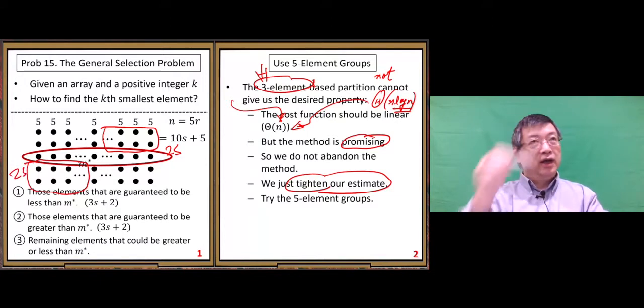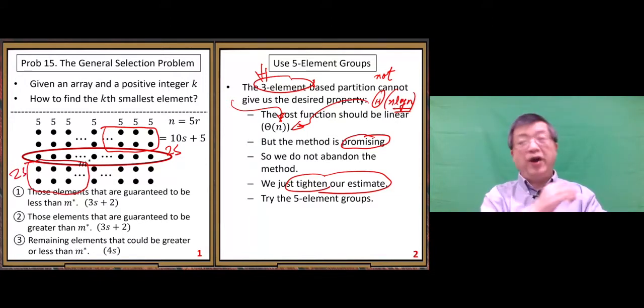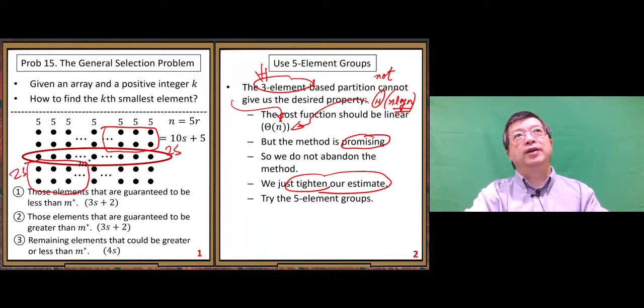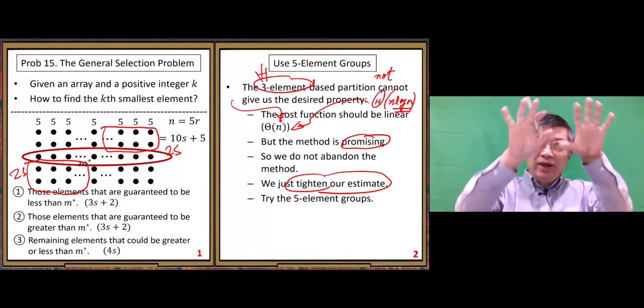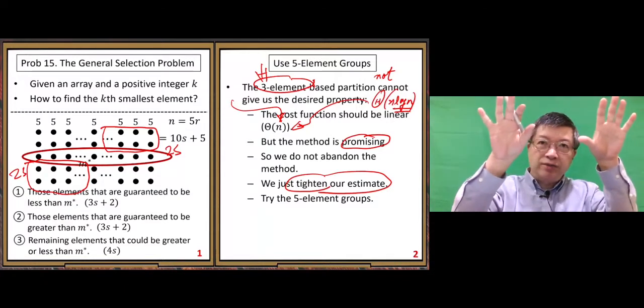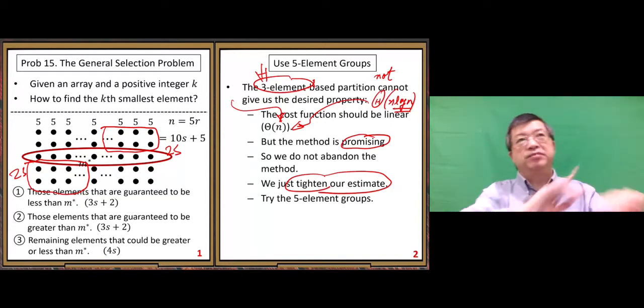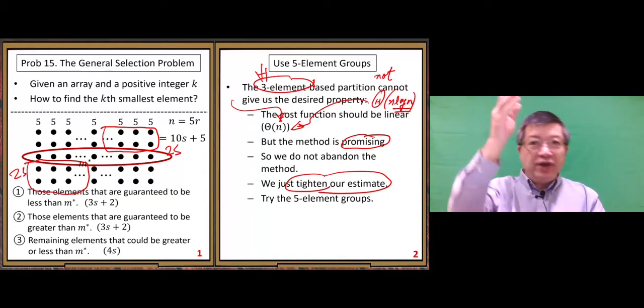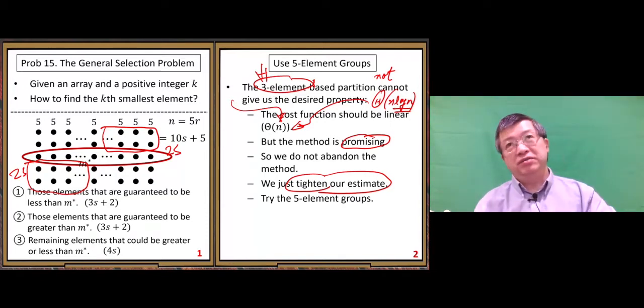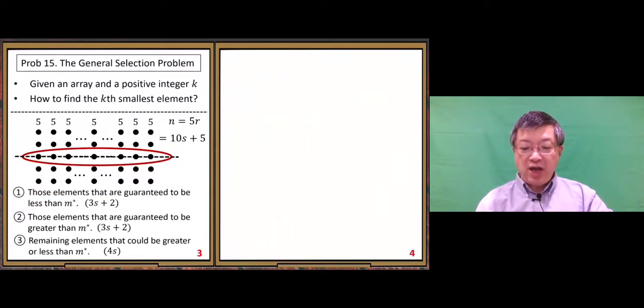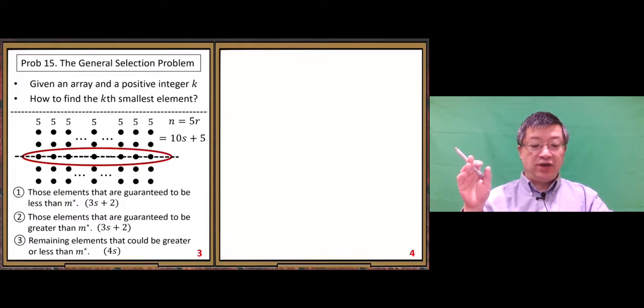Adding together, 4S. So we have the three parts of the elements. With this information, we can do the partitioning. So next step, let's do the partitioning.